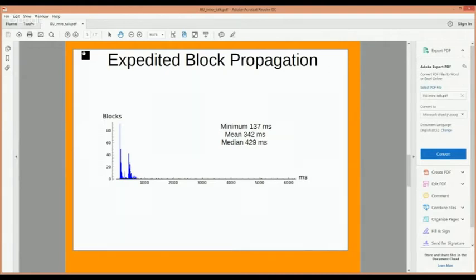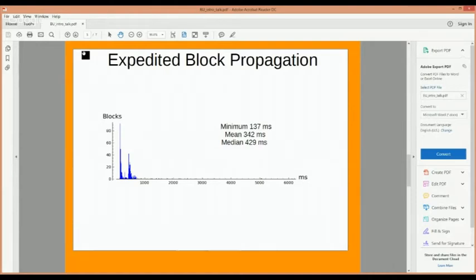So there's this sort of double hop type thing. What expedited block propagation does is you can sign up for a specific peer node to just send you the block the moment it receives it. That saves a lot of time and allows the blocks to propagate through the network very rapidly.